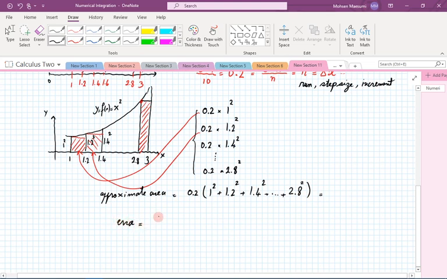Typically error is defined either with the absolute value or just without the absolute value of the exact quantity minus the approximate quantity. So you find this thing and you find the difference, and that would be the error in the calculations that you have.